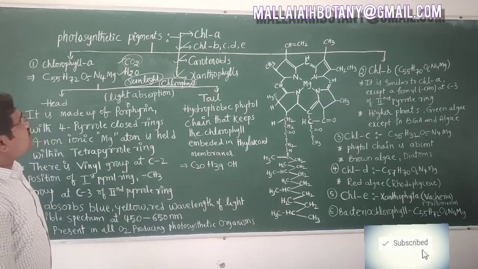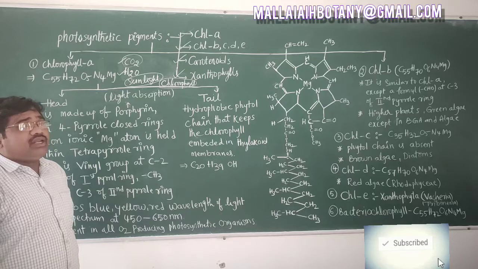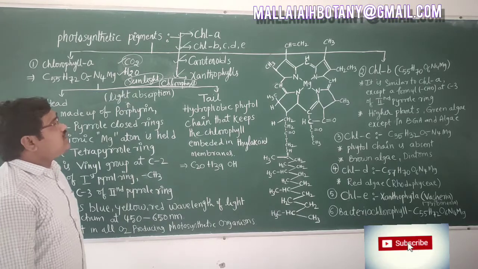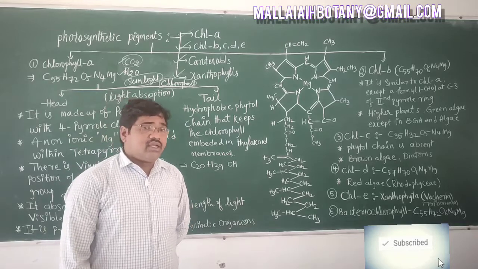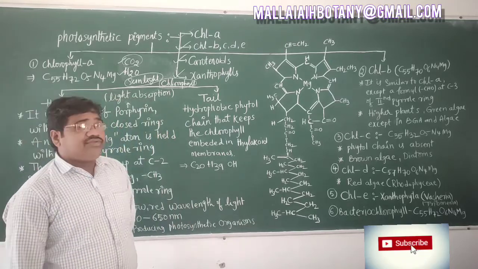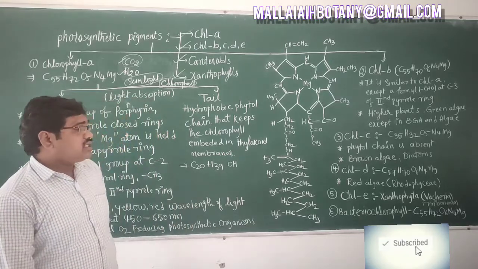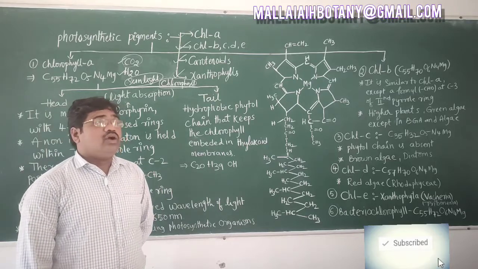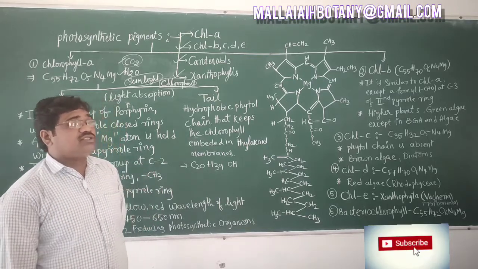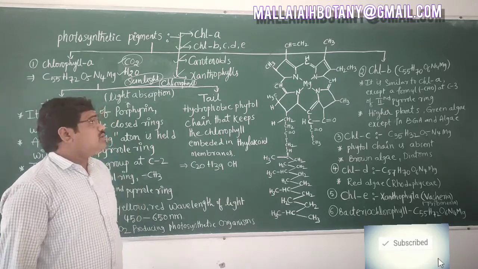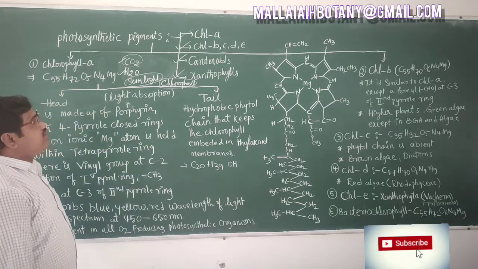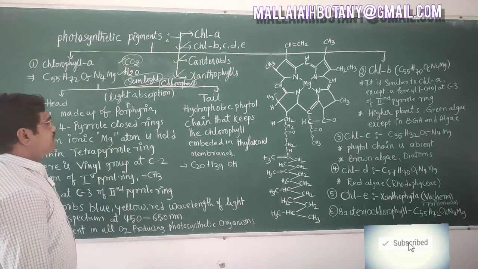Actually, there are various groups of photosynthetic pigments: chlorophyll A, B, C, D, E, bacteriochlorophyll, and chlorobium chlorophyll. So, these are different types of chlorophyll pigments.